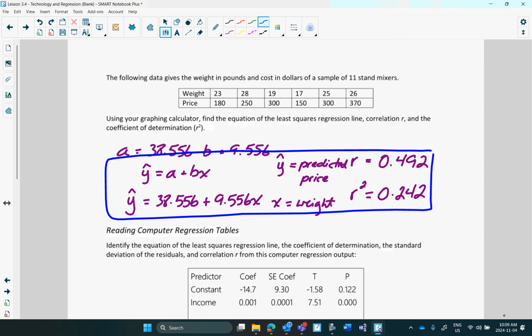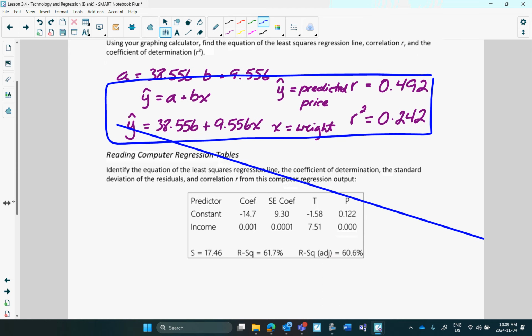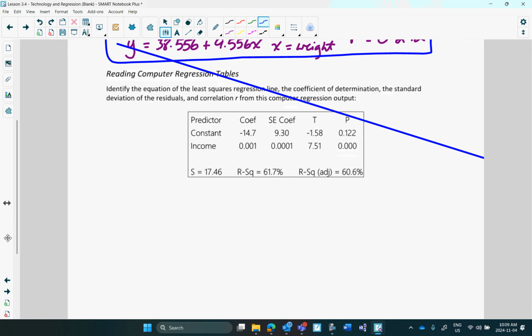Lastly, you may be given data in the form of a computer printout for a regression table. You have to be able to read these. In other words, you have to be able to get all the characteristics that we talked about of the least squares regression line: the equation, S, R squared, etc. So here, when you look at this data, you're going to ignore some stuff.